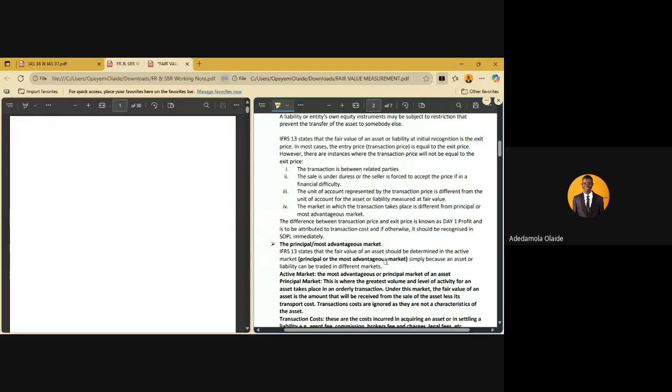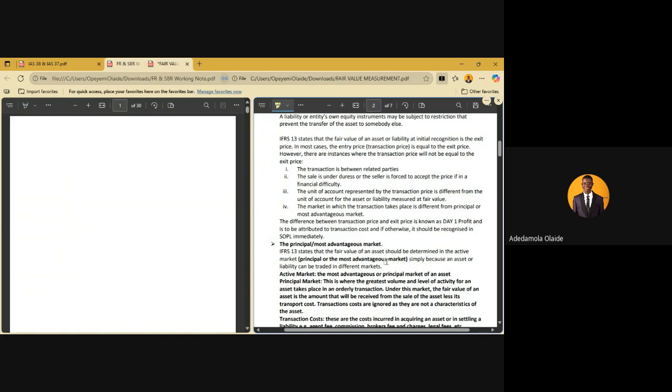Yes, phone and other gadget transactions might be occurring in every other place, but the place that will have the most voluminous transactions relating to phones and other gadgets will be what? Computer Village. If we want to talk of electronics and all these, most of those transactions take place where?